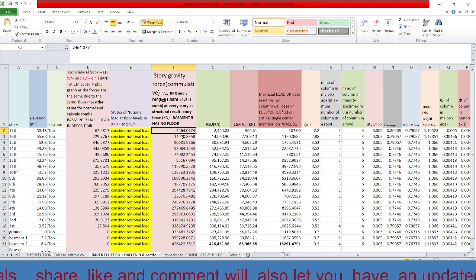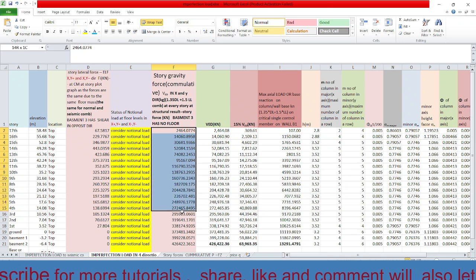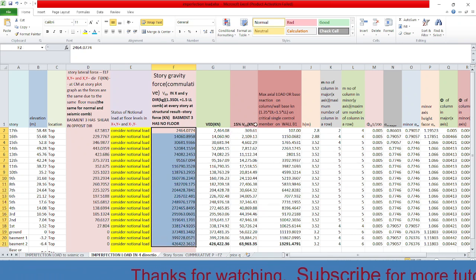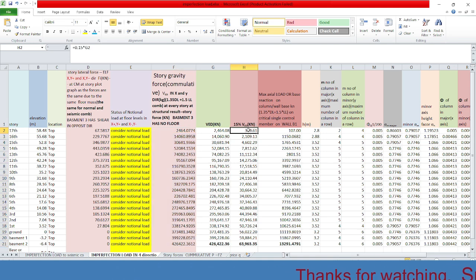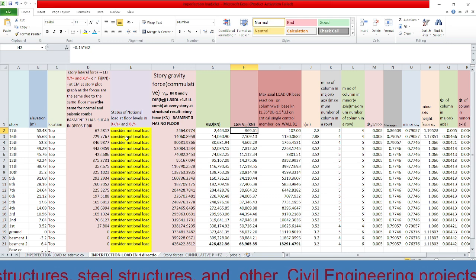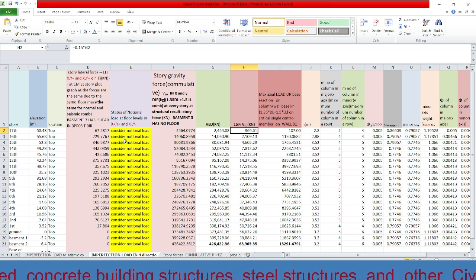So we can put this value here, and we can calculate the 15% of the total story gravity force, and we can compare this value with the total lateral force in order to determine whether the consideration of notional load is required or not.